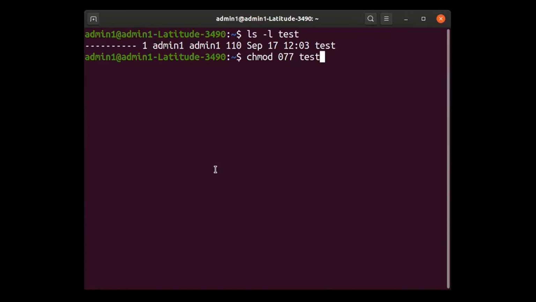Okay, so somebody says group and others are given read and write permission. Somebody says all 3 is given to group and others. Owner has nothing. Okay, fine. All right, so read and write along with execution is available.